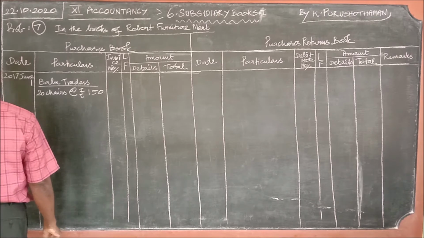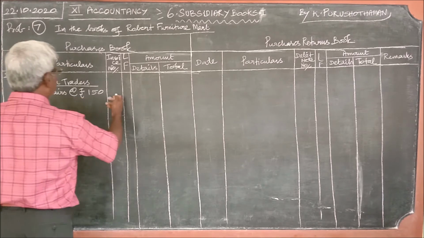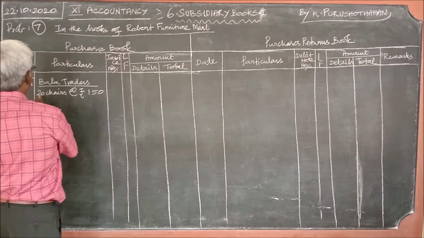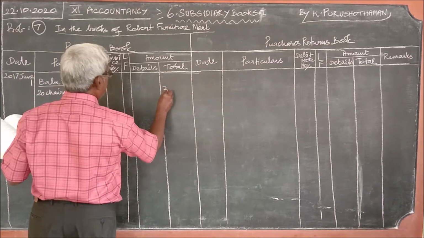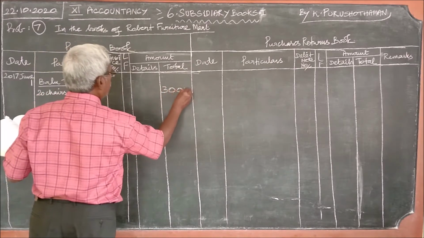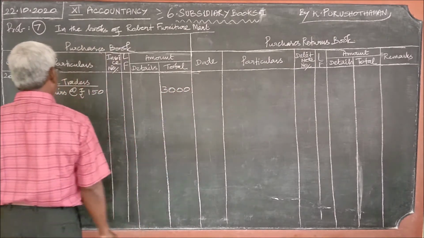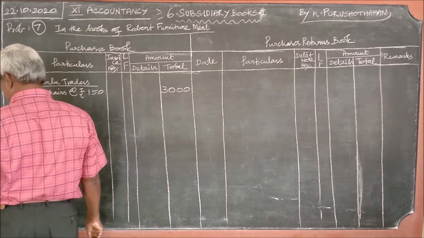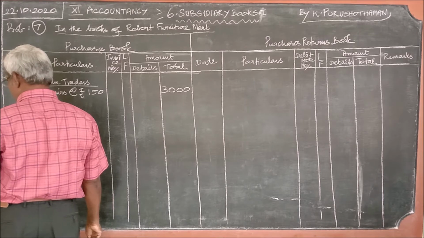No more transactions from Balu Traders, and therefore multiply and write the answer in the total column. 2 into 15, 30, then two zeros. So this is 3,000.